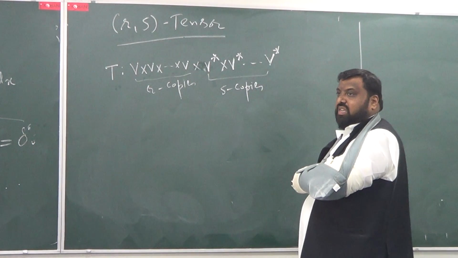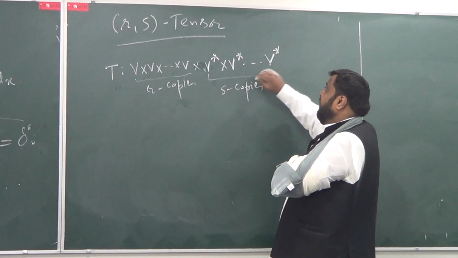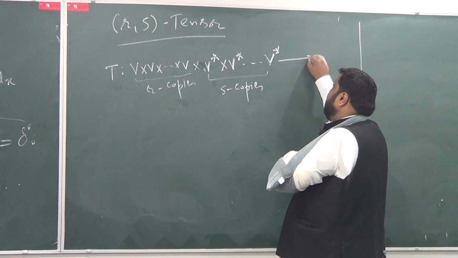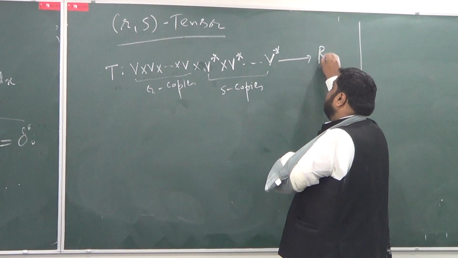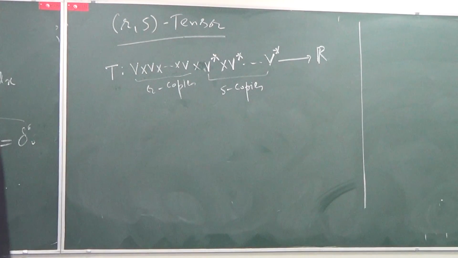So it swallows r vectors and s covectors and gives you a real number.